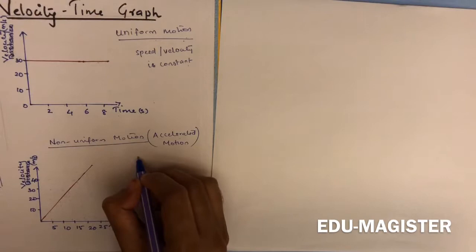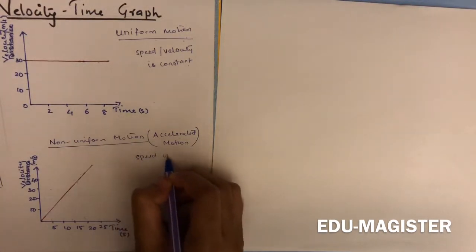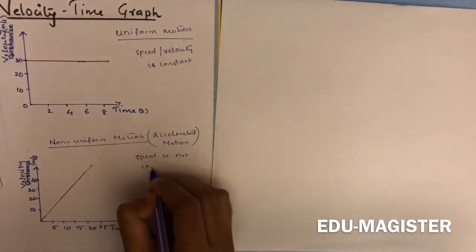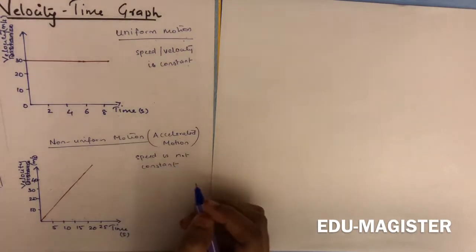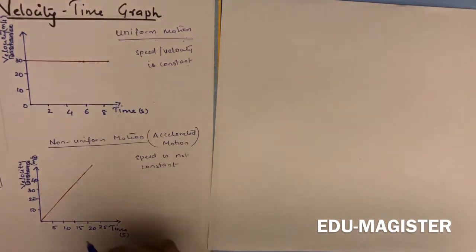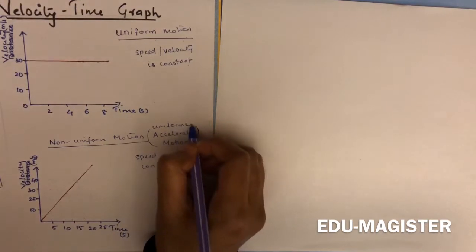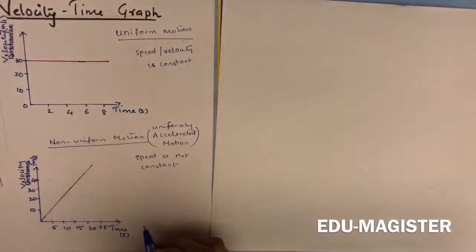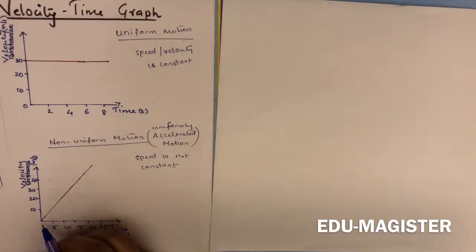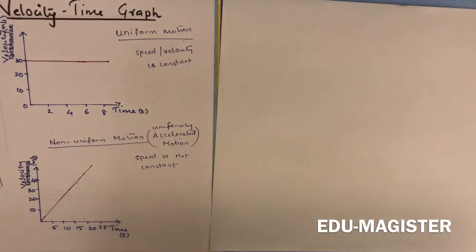Here the speed is not constant, it will change. So here this graph is a uniformly accelerated motion, that is, the object is accelerating uniformly. It is changing its speed at a constant rate. The speed is increasing, but the increase is at a constant rate.